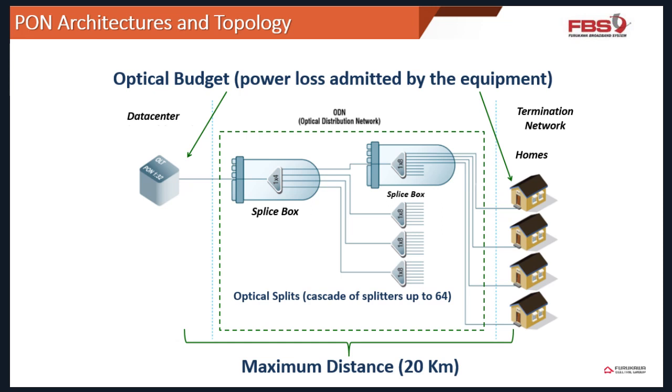So speaking about the minimum, we have the OLT in the central office. We can divide this port up to 64, in a range of 20 kilometers. So it's a radius. If you imagine your central office as a circle, we have a radius of 20 kilometers to reach the last customer, which is pretty good if you are thinking about a city. 20 kilometers is more than enough to cover huge, massive areas.